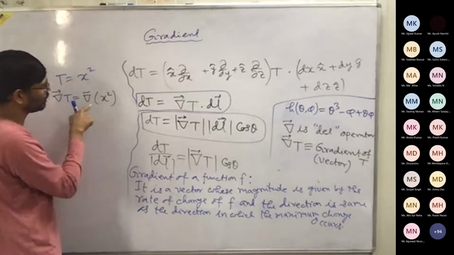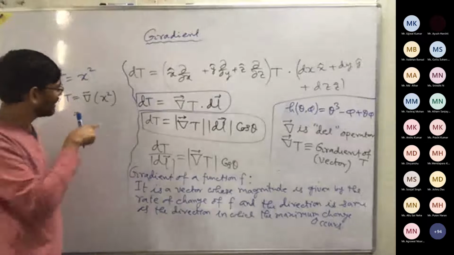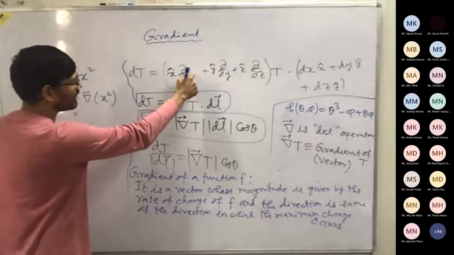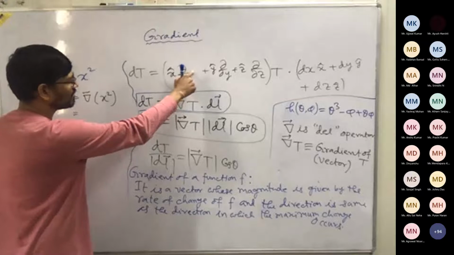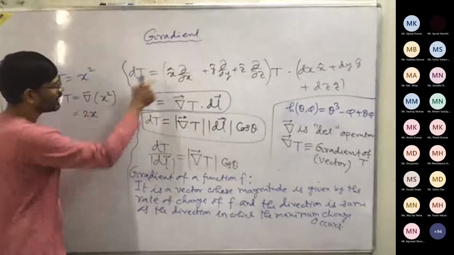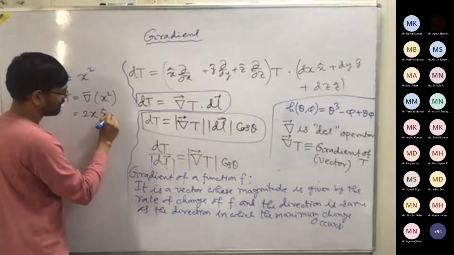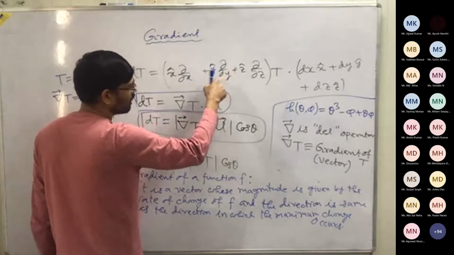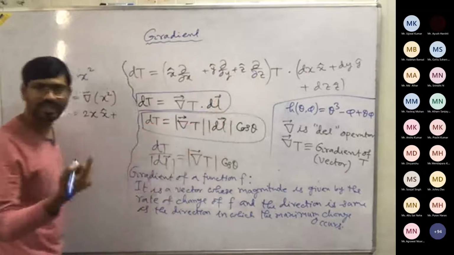So here you have del by del x, and you have only x dependence, so this term will be important. You put x squared here, so then you'll have 2x x cap. Plus, the derivative with respect to y will be 0, and the derivative with respect to z will be 0.